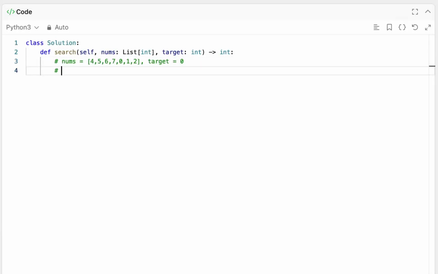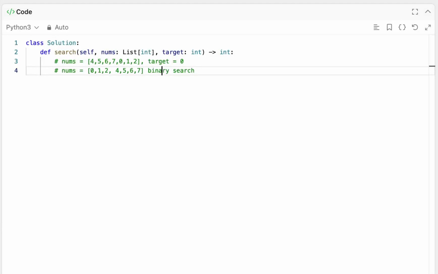Let me first try to solve a simpler problem. Let's say I could sort this one, right? If I could sort this one, I would have 0, 1, 2, then 4, 5, 6, 7. And the way I would have solved this problem is through a binary search.